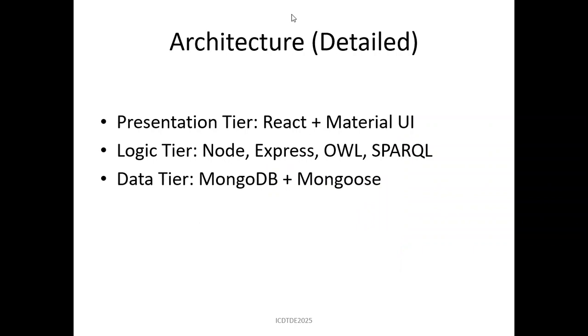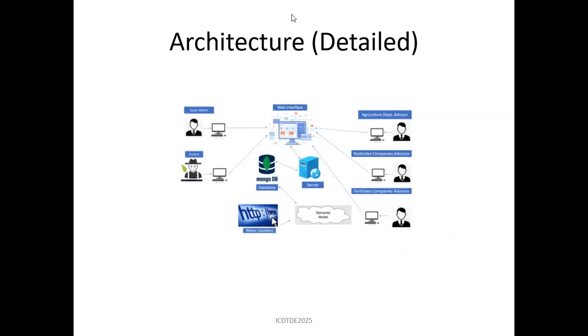The data tier uses MongoDB, which stores stakeholders' data and integrates with the semantic reasoning outcome. Together, these technologies provide scalability and fast responses. So this is the architecture diagram.